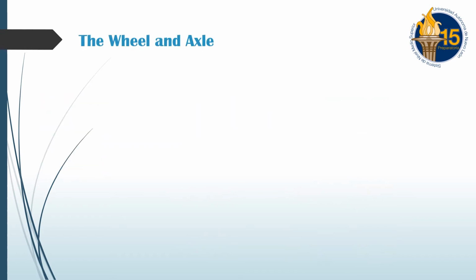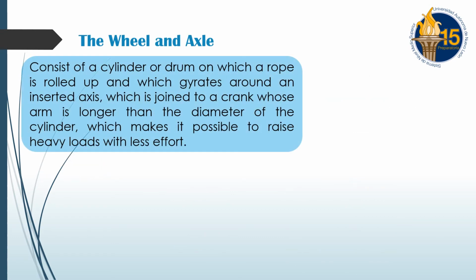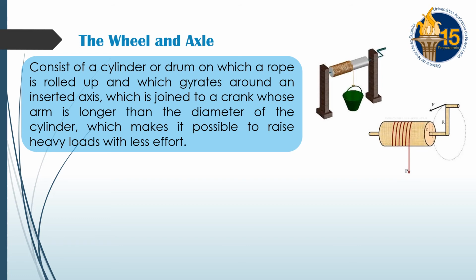The wheel and axle is a simple machine that consists of a cylinder or drum on which a rope is rolled up, and which gyrates around an inserted axis, which is joined to a crank whose arm is longer than the diameter of the cylinder, making it possible to raise heavy loads with less effort.